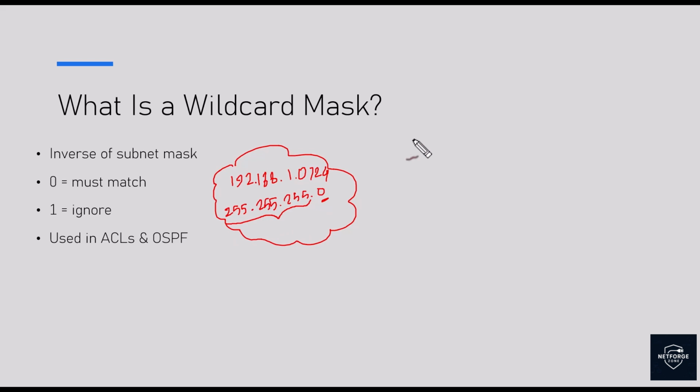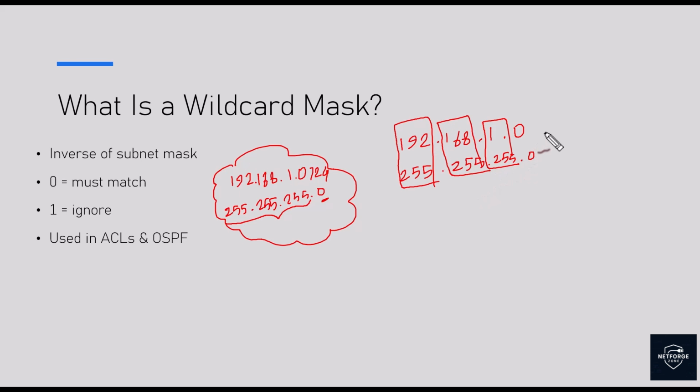So if I write 192.168.10, and at the bottom of that I write 255.255.255.0, this means that this part cannot change, this part cannot change, and this part cannot change, but this part can change. You can go from 0 up to 255, which is the range of possible values for this specific octet, right?